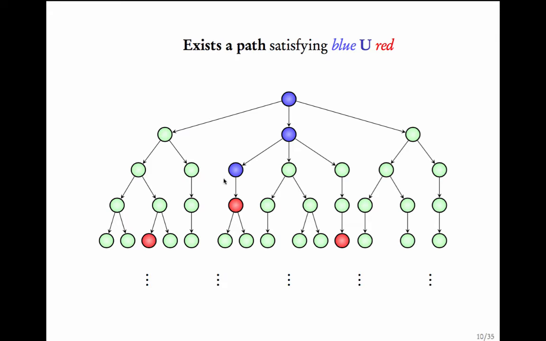And this can be expressed using blue until red, and the fact that there exists a path satisfying blue until red is expressed here. And there exists a path which satisfies blue until red.